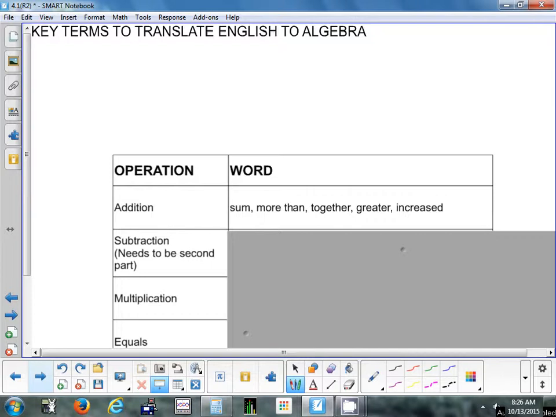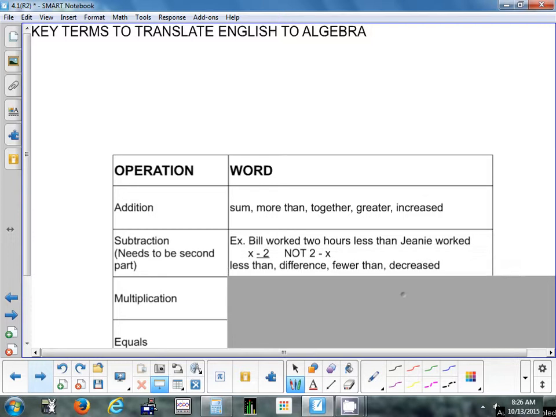You're finding the what? The difference. Yep. So we said decreased, we said less than, we said difference. Okay, and we're showing you an example here with less than. 2 less than x. You would not write 2 minus x. You got to switch it and put the 2 at the end. It's x minus 2. All right? So they switch places when you have the word less than. Fewer than. Okay, that's another one.